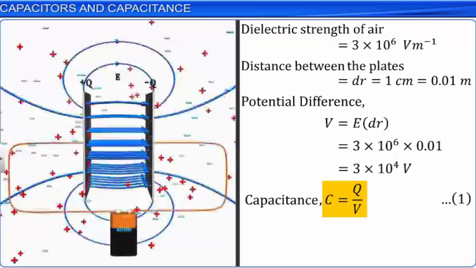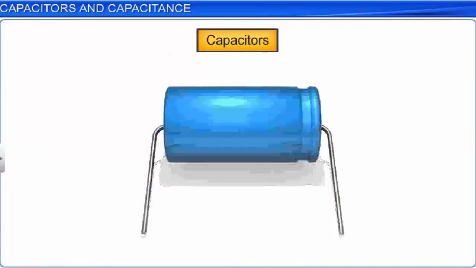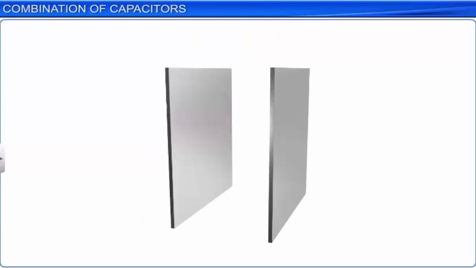The capacitors are used not only for storing charge, but in other applications as well. Some of their other uses are to tune the frequency of radio receivers, and as filters in power supplies. We have learnt earlier that a capacitor is an electric circuit element that is used to store charge temporarily.